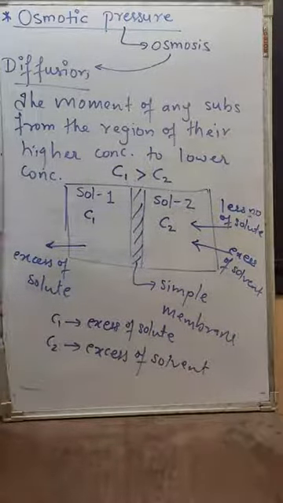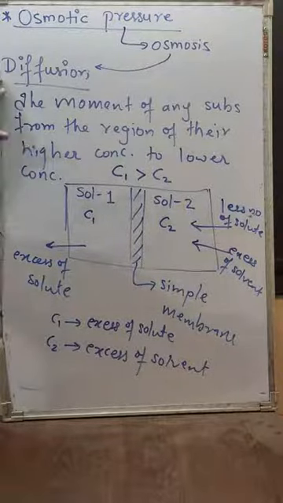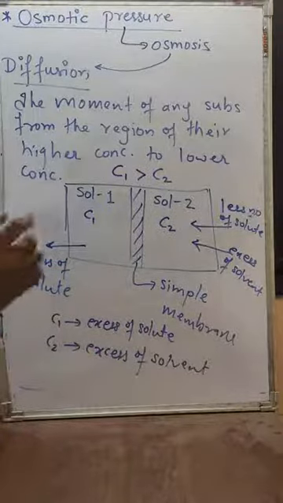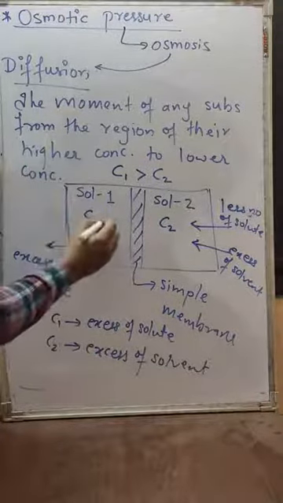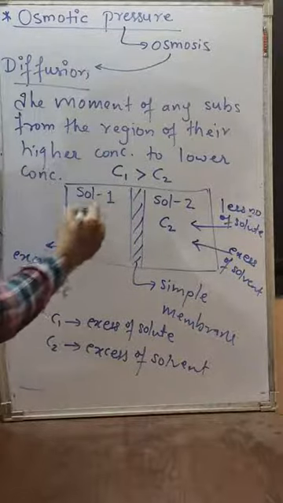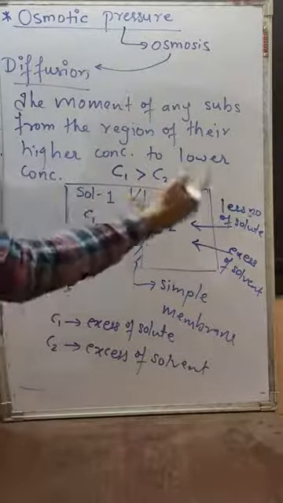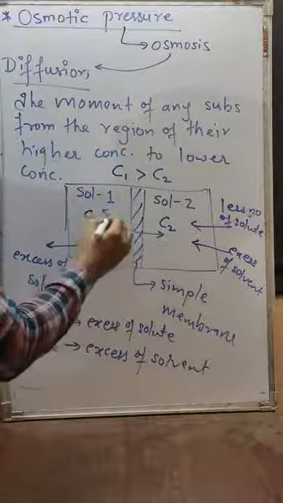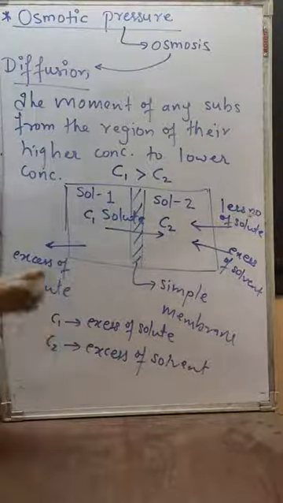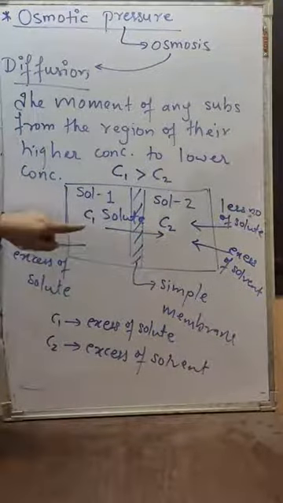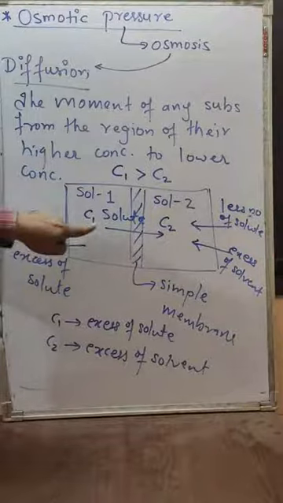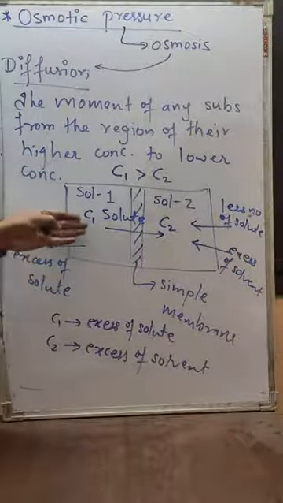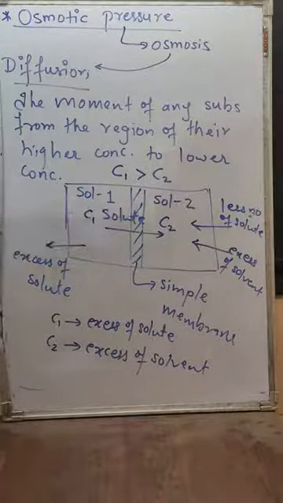So as per the definition, what is diffusion? The movement of any substance from their higher concentration. So from solution 1 at concentration C1 to solution 2 at C2, what will be the flow? There will be a flow of solute from C1 to C2 because concentration of solid is excess in C1. So there is a flow of solid molecules from C1 to C2.